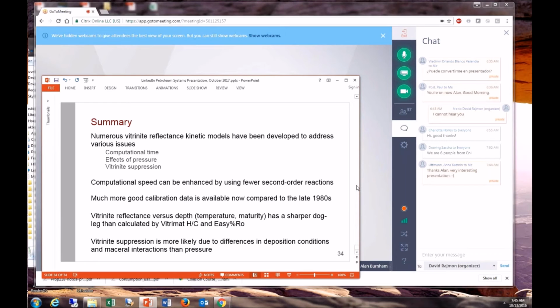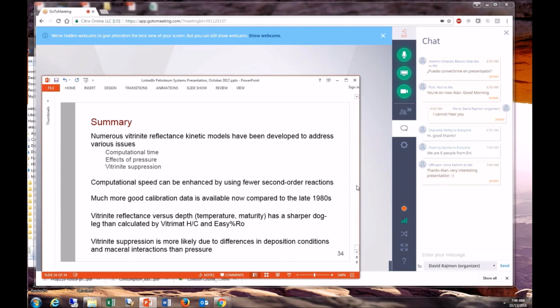So the issue of Vitrinite suppression may not be a suppression in the sense of something anomalous compared to what it should be. It's rather a reflection of the fact that we just don't know exactly everything that controls the Vitrinite evolution.